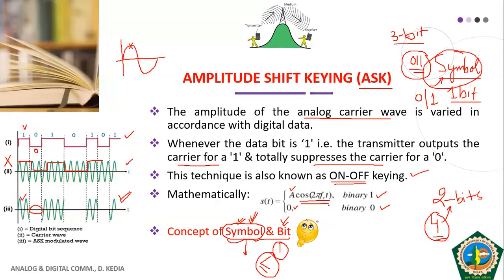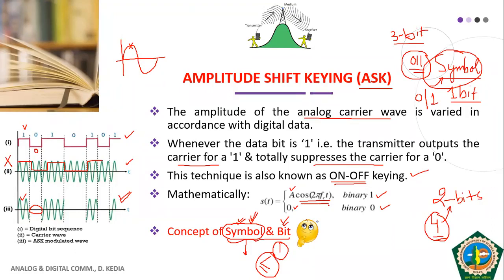Now we need to look into how to generate an ASK signal and how to demodulate an ASK signal. We have talked about amplitude modulation, amplitude demodulation, and pulse amplitude demodulation. If we have discussed those concepts in great detail, then it will be a very simple job for us to discuss the modulation and demodulation of ASK.